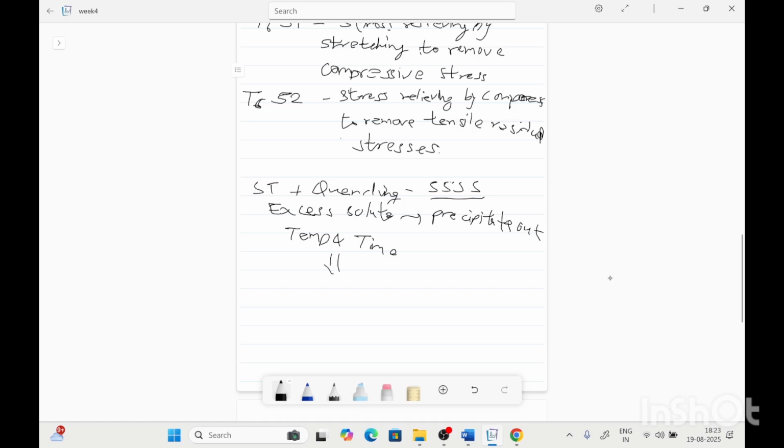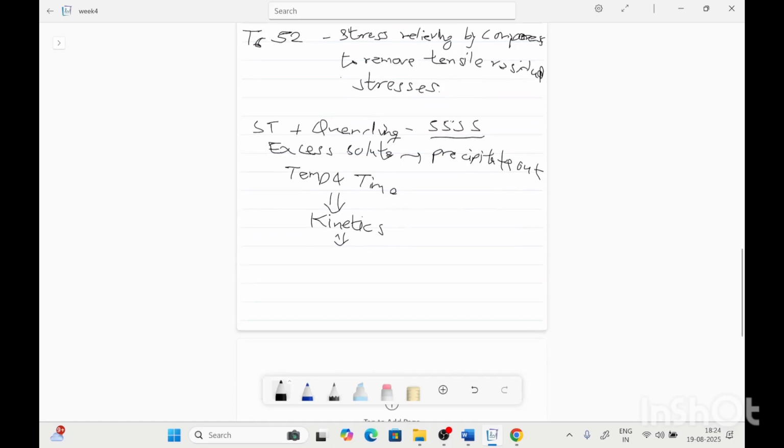So the temperature and time represent the kinetics of the process. So what is the kinetics? It means the diffusion of these solute atoms will differ, and with time, they have time to rearrange in the solid solution. So that will also affect the morphology of the precipitates forming during the aging process.